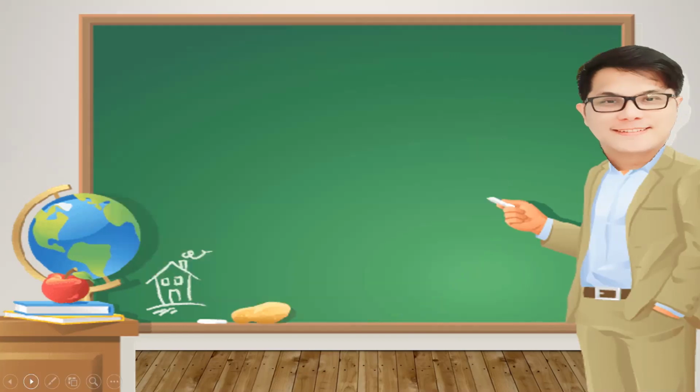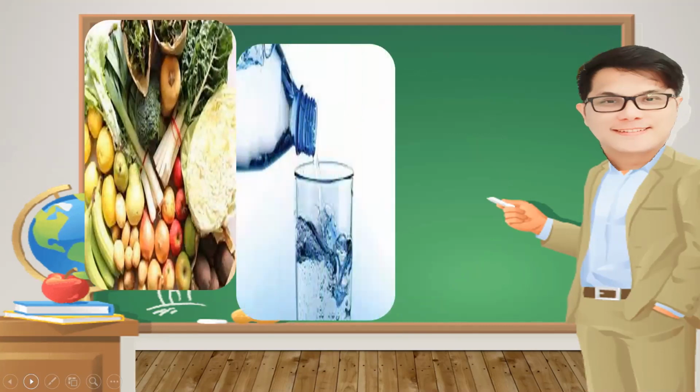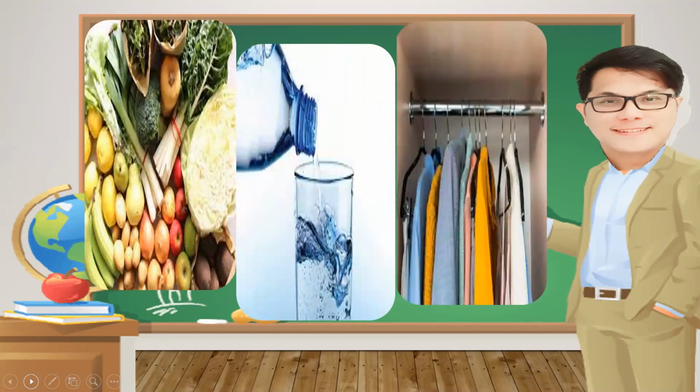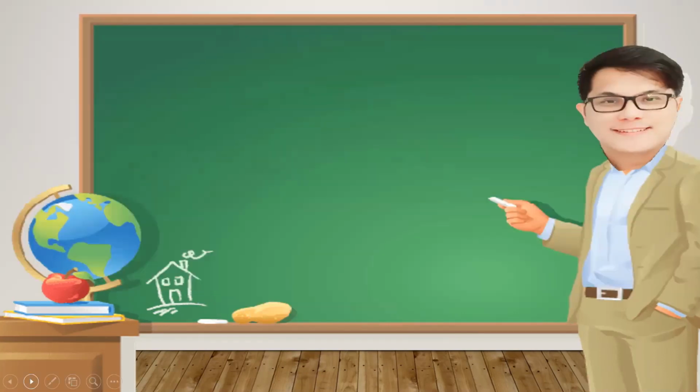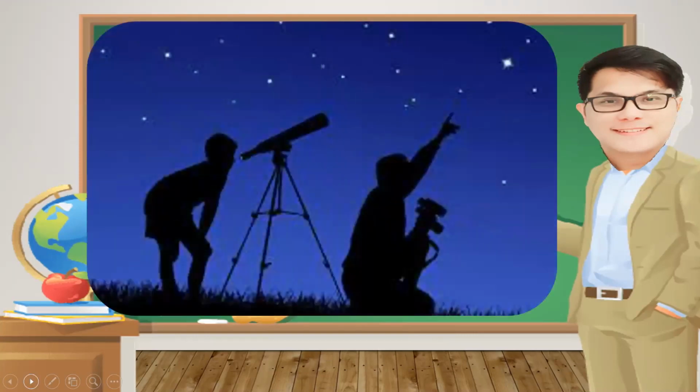Our favorite food, the water that we drink, the clothes that we wear are based in science. Looking up into the atmosphere gives us a glimpse into astronomy, another branch of science.